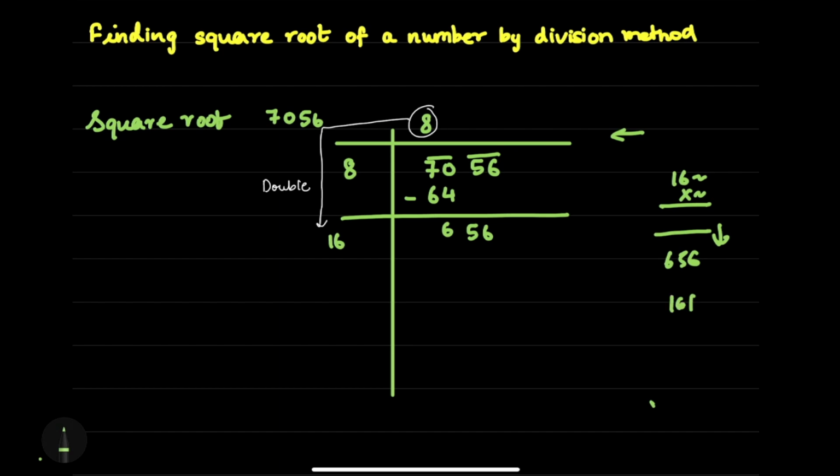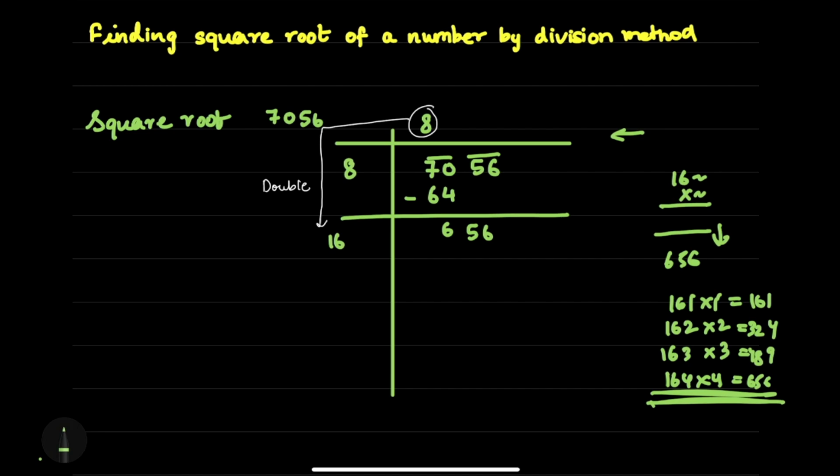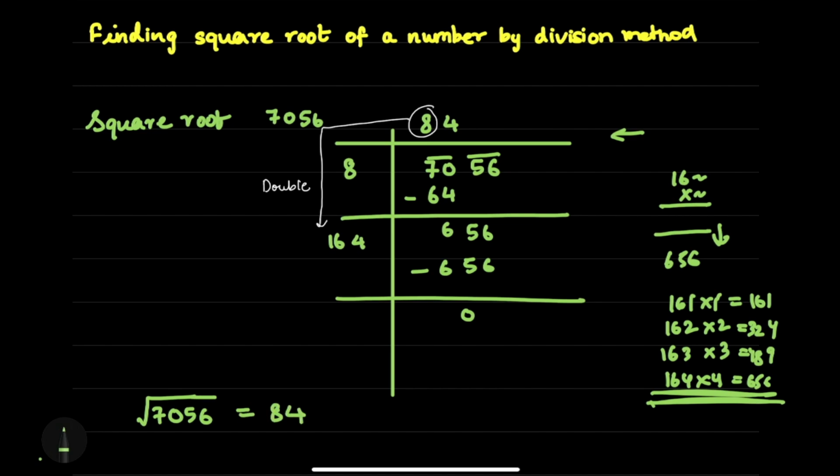We can try 161 into 1, 162 into 2, 163 into 3, and 164 into 4. And we see that on the fourth time it is exactly the same number. So we put 4 here and 4 here, and then we get 656, and that comes out to be 0. So the square root of 7056 through the division method comes out to be 84.